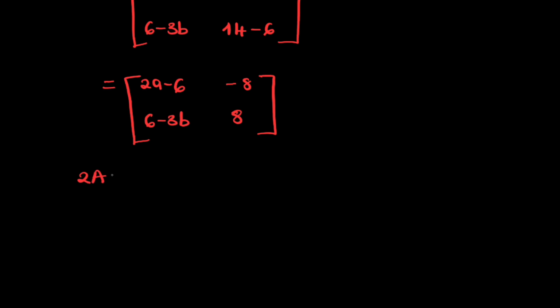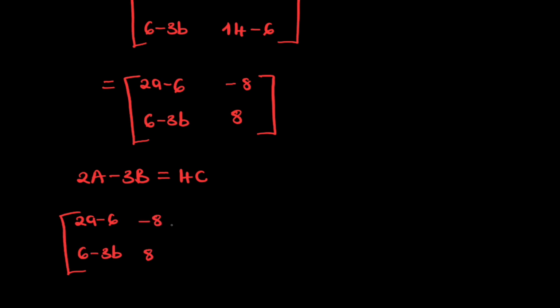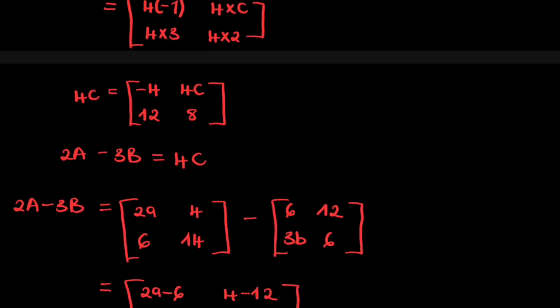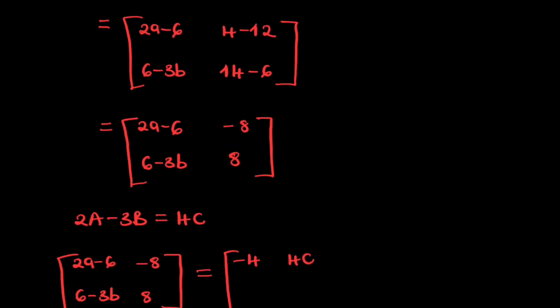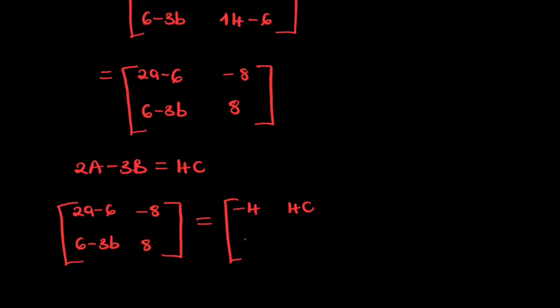So 2a minus 3b is equal to 4c. So we have 2a minus 6, minus 8, 6 minus 3b, and 8. This is equal to 4c. So what was our 4c? It was minus 4, 4c, 12, and 8.